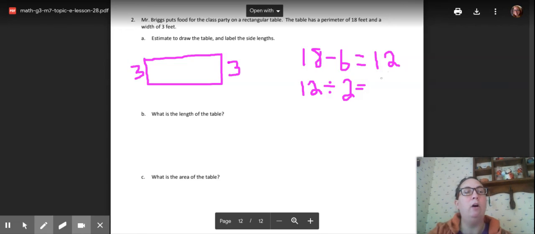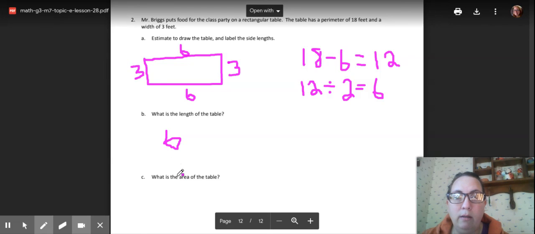Or you can think of what times 2 equals 12, and that is 6. So that means that this side is 6. And we got ahead of ourselves because B says, what is the length? That's the length. It is 6.